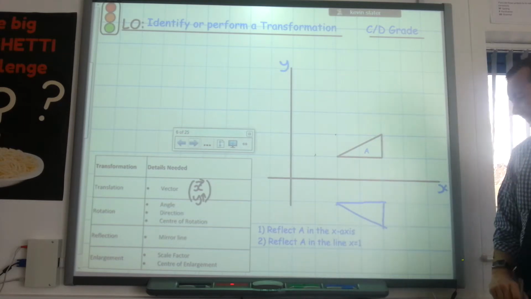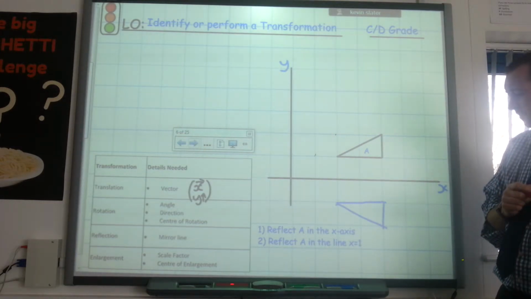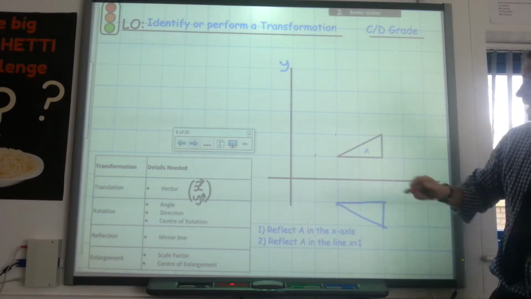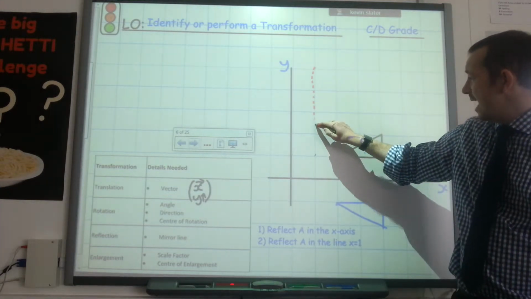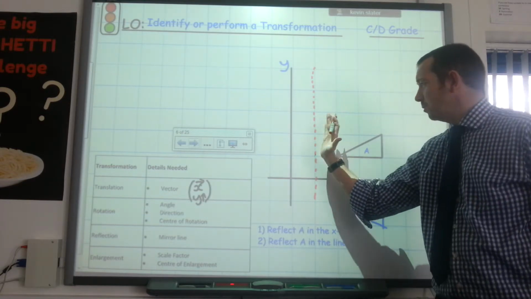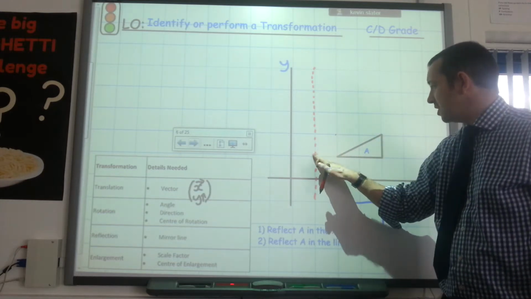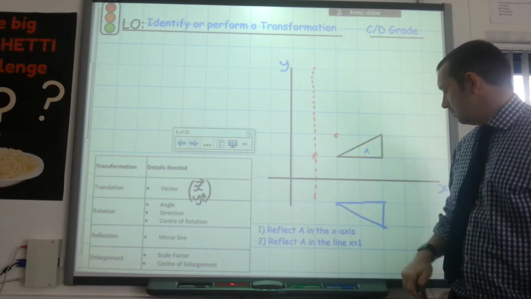Next question says reflect A in the line x equals 1. I've got to be really careful about finding out where x equals 1 is. X equals 1 is actually that line there, where all of the x values for the coordinates would be 1. So that would be x equals 1, x equals 2, x equals 3 and so on. Excuse my little marks on my board.